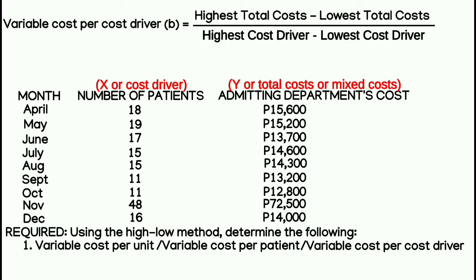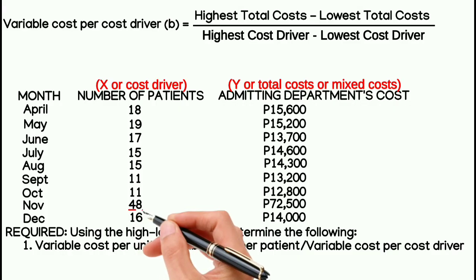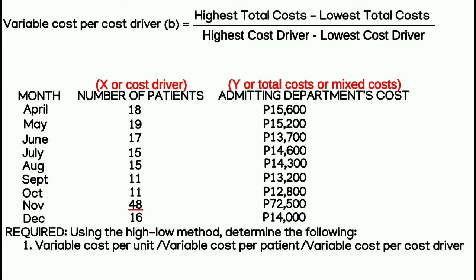The highest point under the number of patients is 48. But although ito yung highest point under the number of patients, hindi siya pwedeng i-consider as the highest cost driver. Why? Kasi yung 48, sobrang layo siya dun sa 17, 15, 15, 11, 11, and 16.